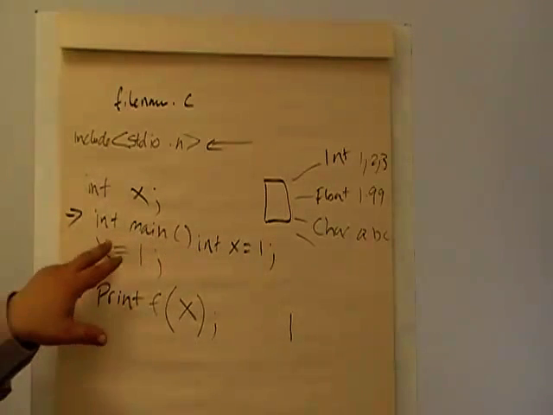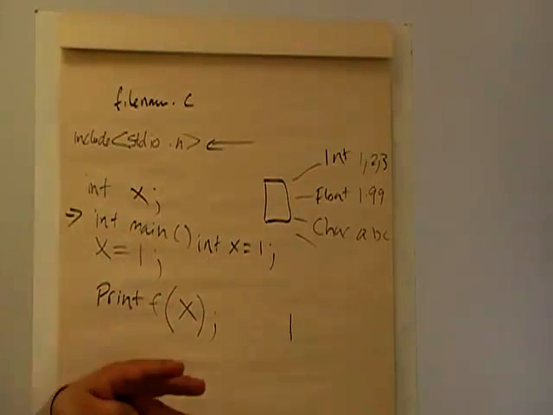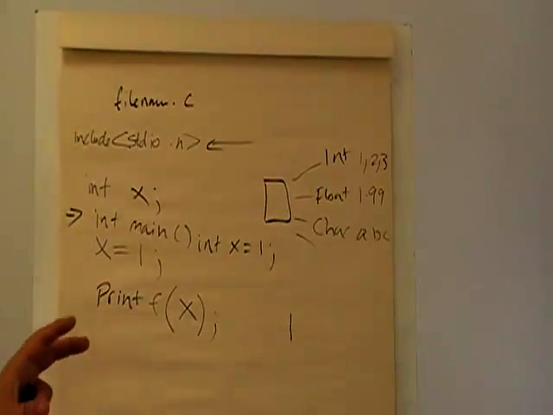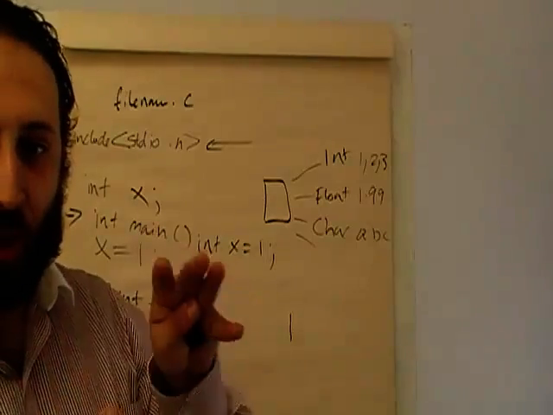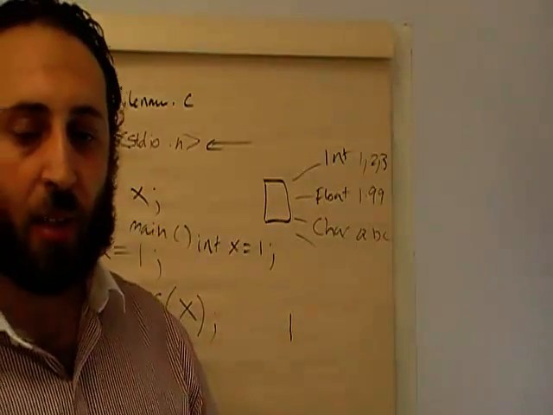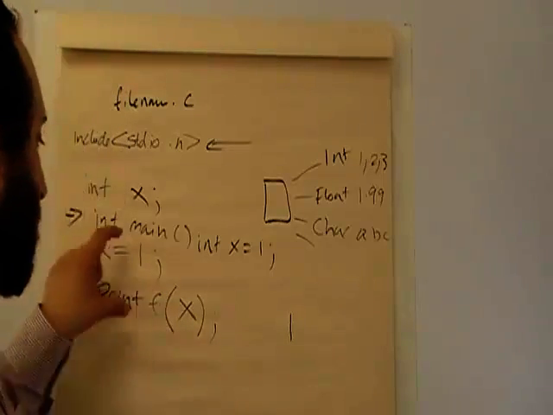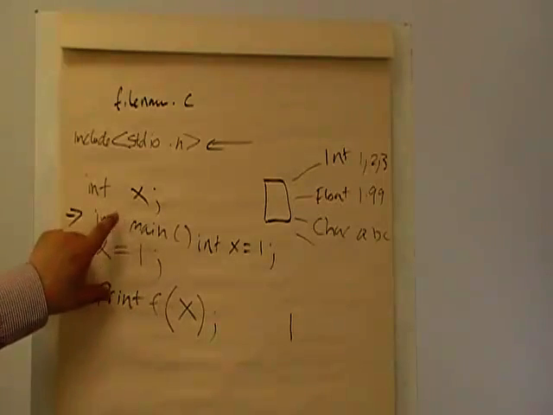Int main is the main body of the program. As soon as you run the program, the first block that the compiler would look at is the main body. So we look in this section and we'll start running the code between the main here.